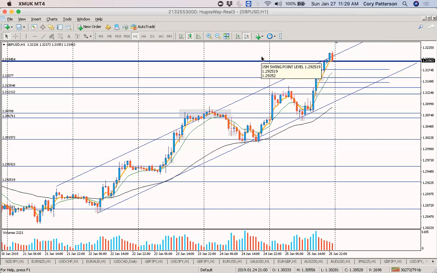The way that I look at the market is kind of simple. I look for what are called swing points, and a swing point is a possible place where the market will change direction or come back to.